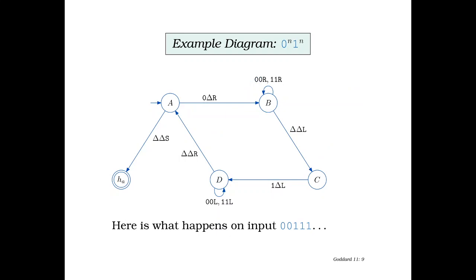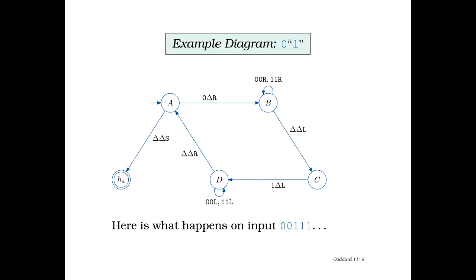If you look at this diagram, you see we start with the state A. In case of a 0, we replace it with delta and move the head to the right. We also move from the A state to the B state.